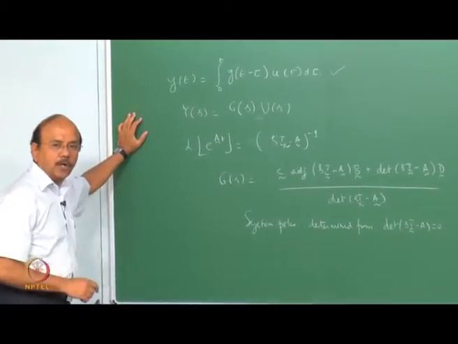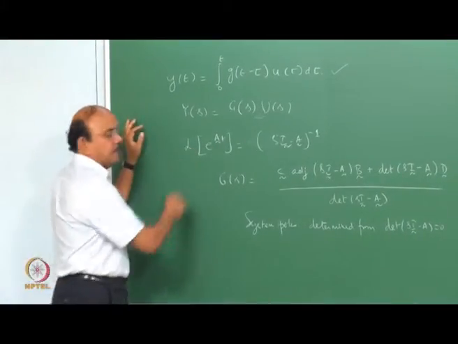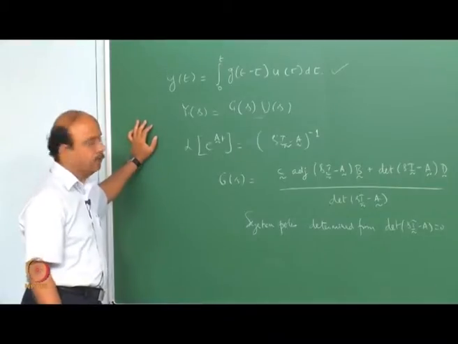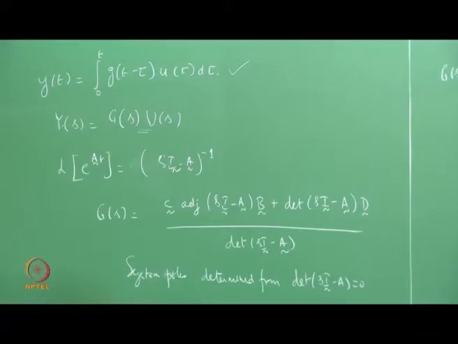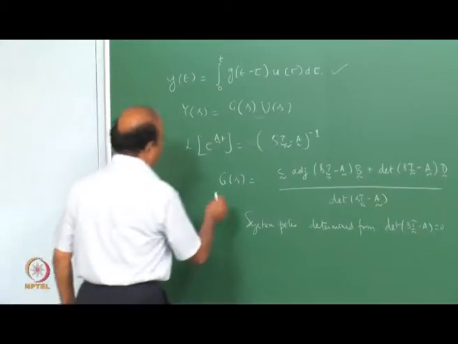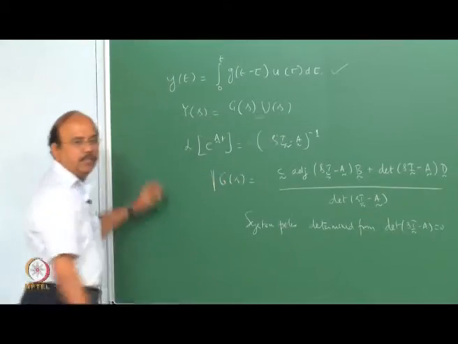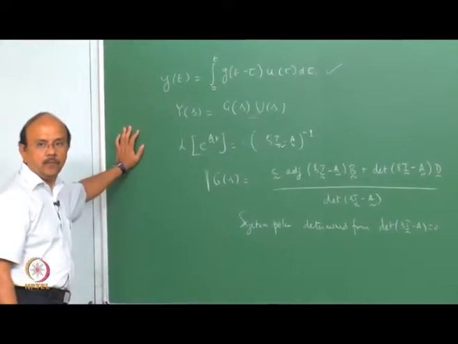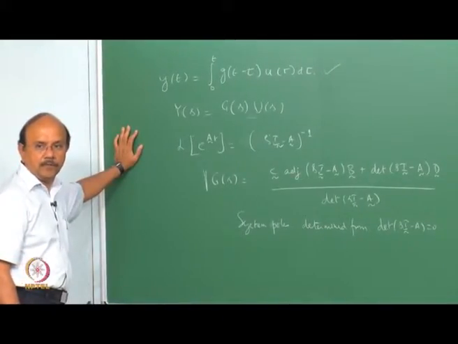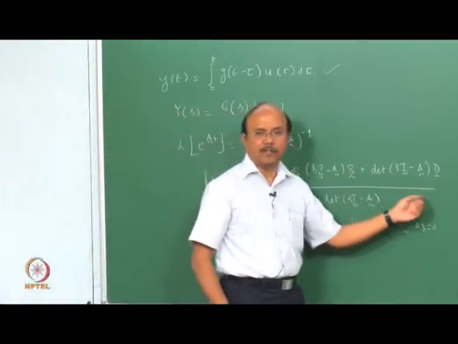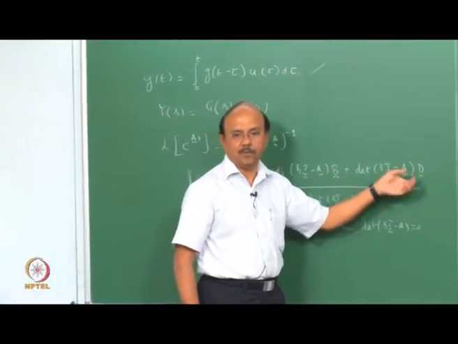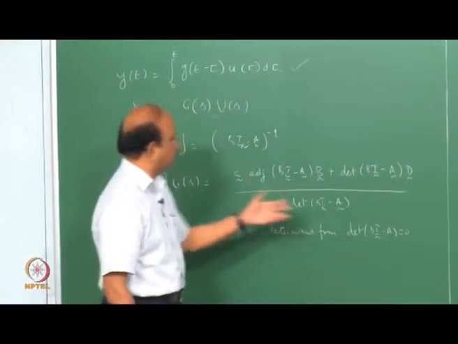And we also saw that the Laplace transform of e power at is (sI minus A) inverse, right? And that G of s, which is the impulse transfer function, is given by this equation. Go back and look at it. D is usually equal to 0 in our cases, so that can go off.